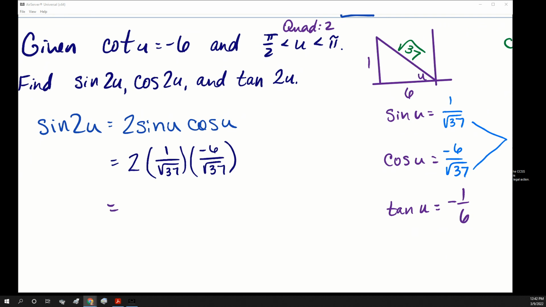Right. And then I'm just going to multiply these fractions together. So you can put this 2 over 1 if you need to, but we're just going to multiply across the numerator and across the denominator. And that's it. That is the sine of 2u.